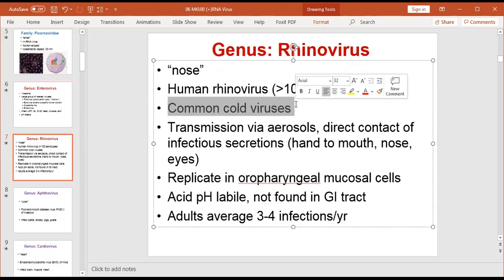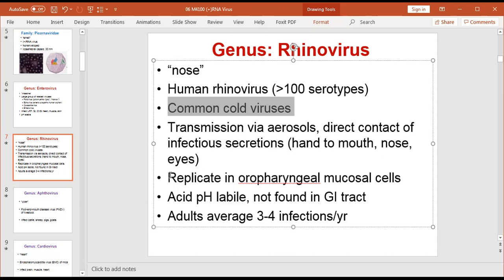They are transmitted via aerosols and direct contact with infectious secretions, such as hand to mouth, nose, or eyes. Those secretions are capable of transmitting the disease.